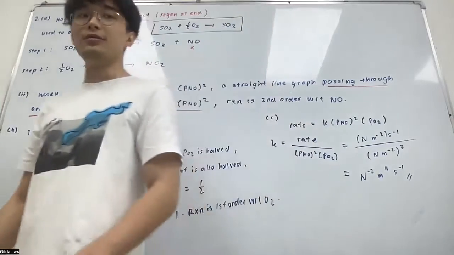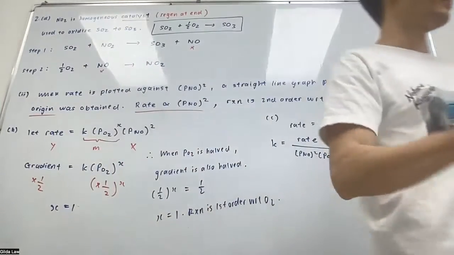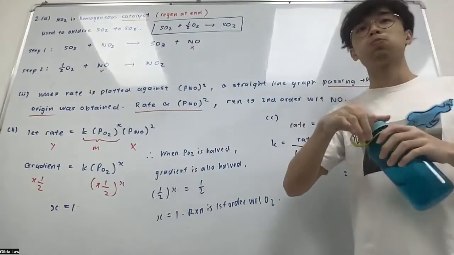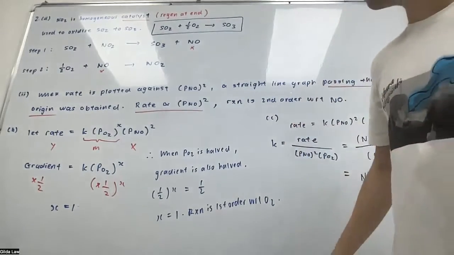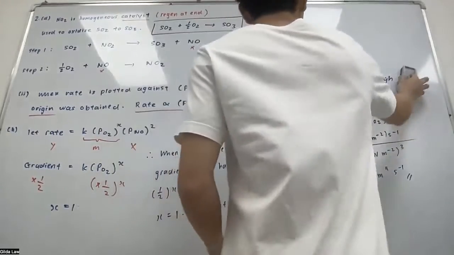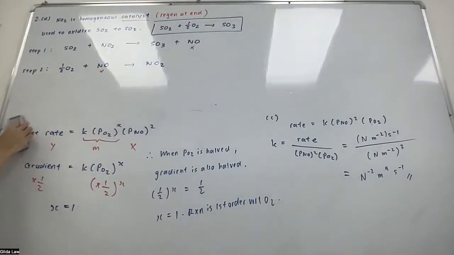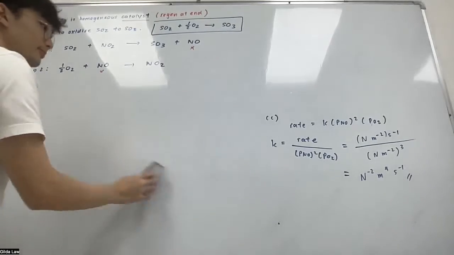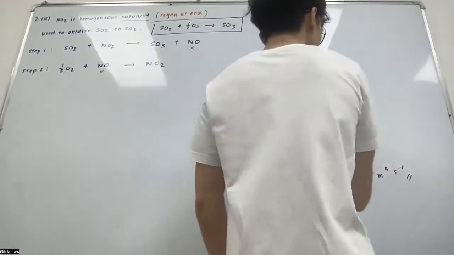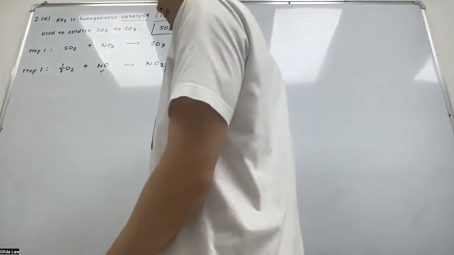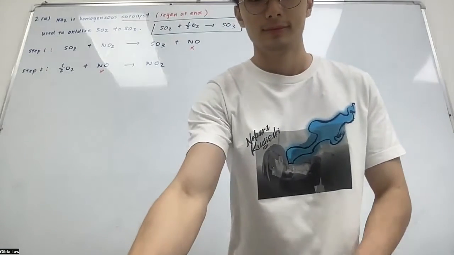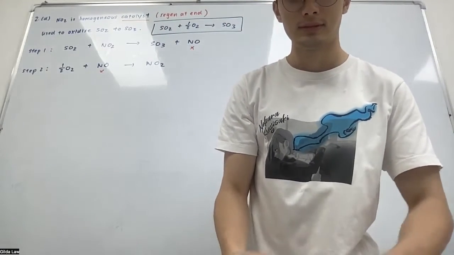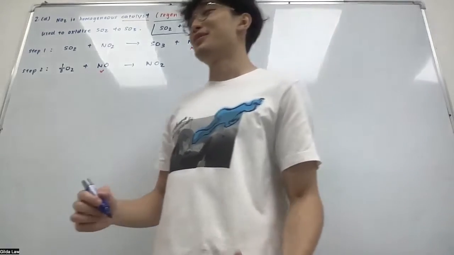E and F, not difficult, right? 1 mark, so don't need to explain too much.